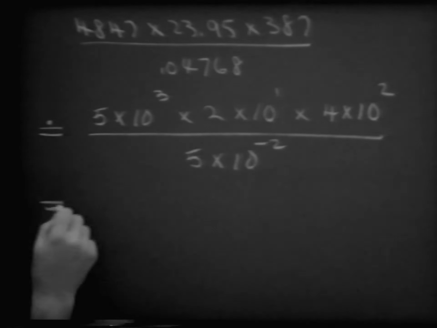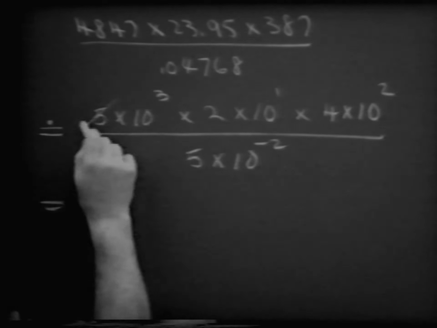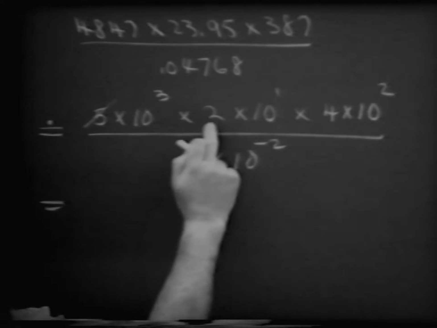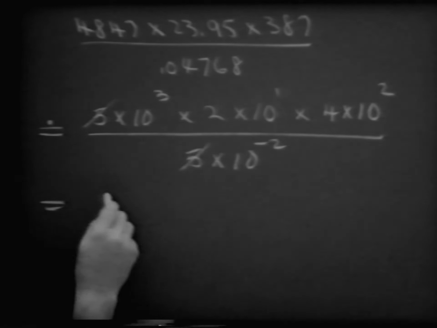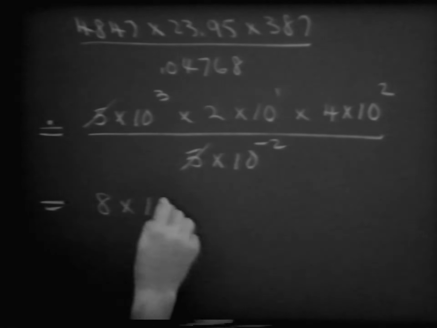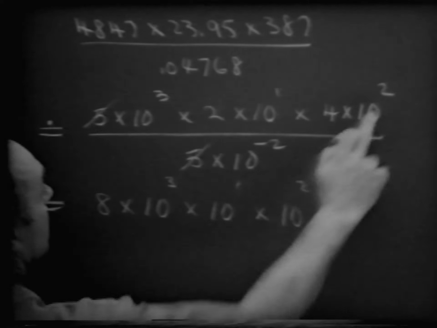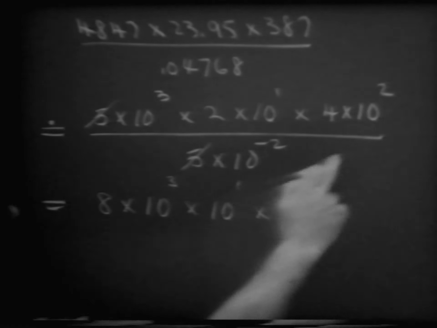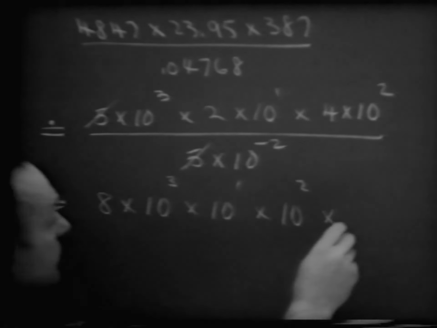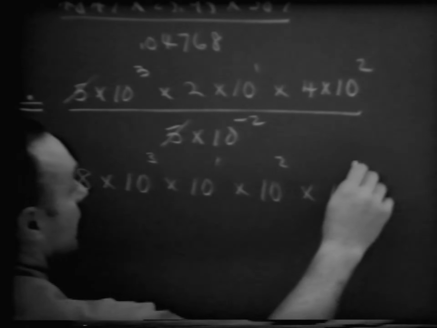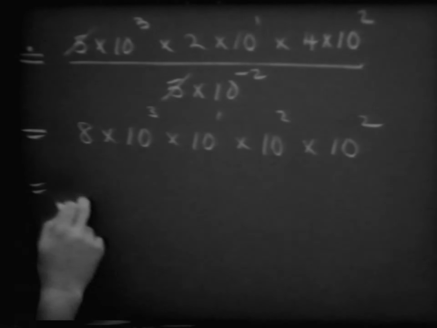Well, let's look at this approximation. 5 over 5 is a name for 1. 2 times 4 is 8. Now let's include all of these exponents. We have 10 cubed times 10 to the first power times 10 to the second power, and this is then 1 over 10 to the negative 2, which is times 10 to the second power. This is equal to what?